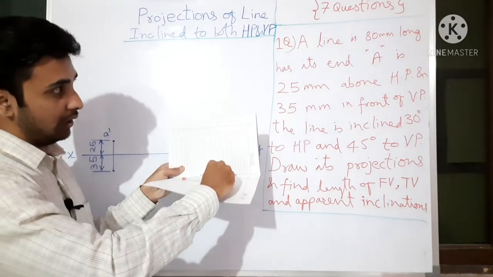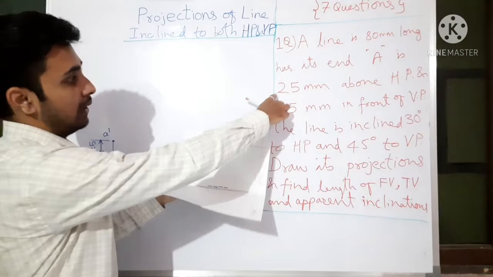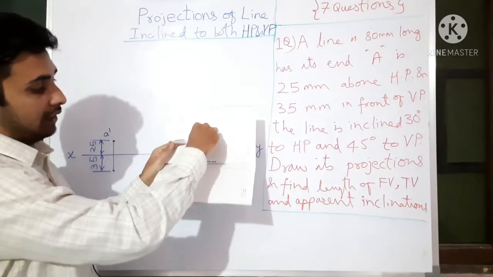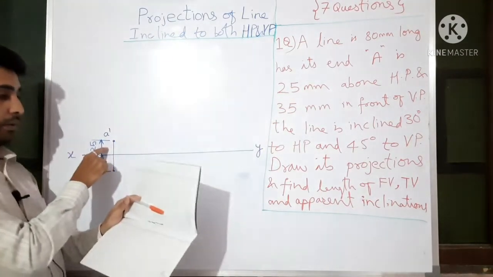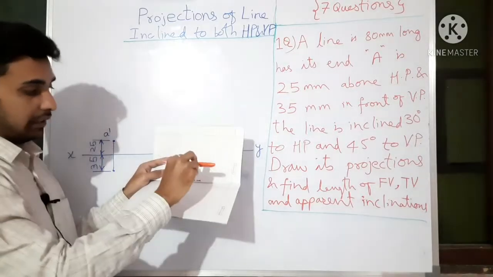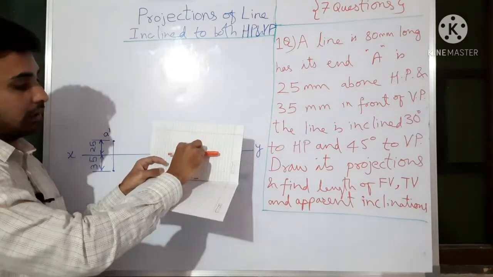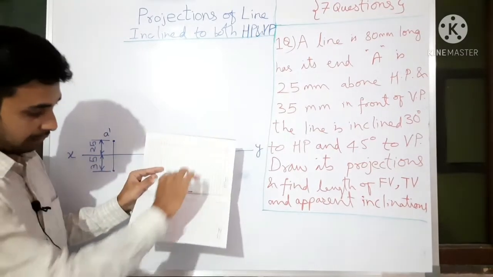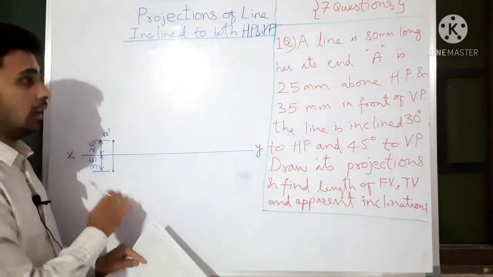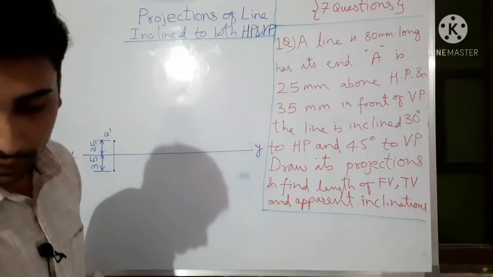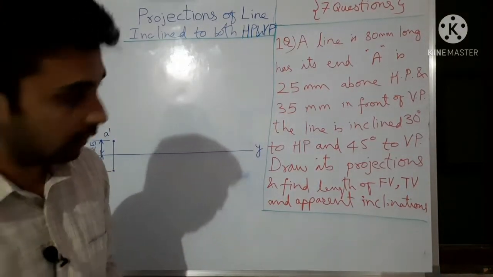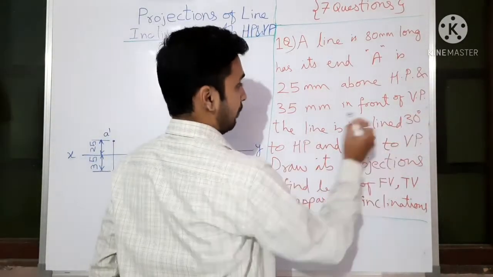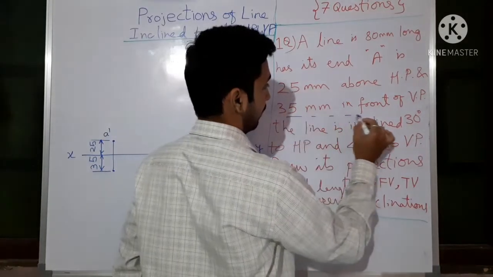So whatever is 25 mm up with respect to XY line will go above, and 35 in front, that distance will be down like this. So this is 35. Okay, top view. Now we will talk about the remaining length of the line. Till here we have completed.